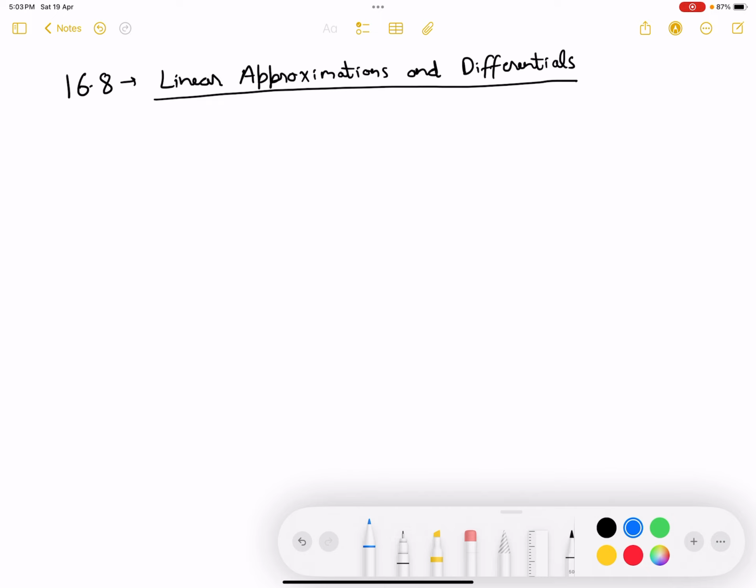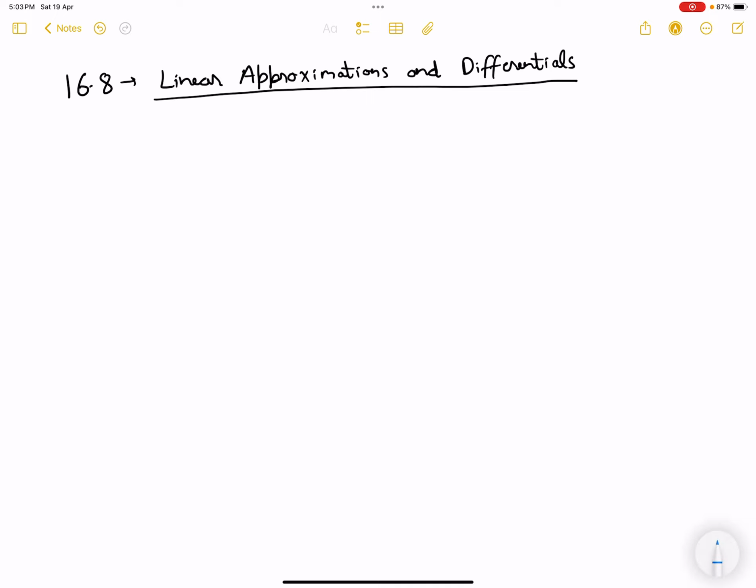Now suppose we have already studied the equation of the tangent plane.